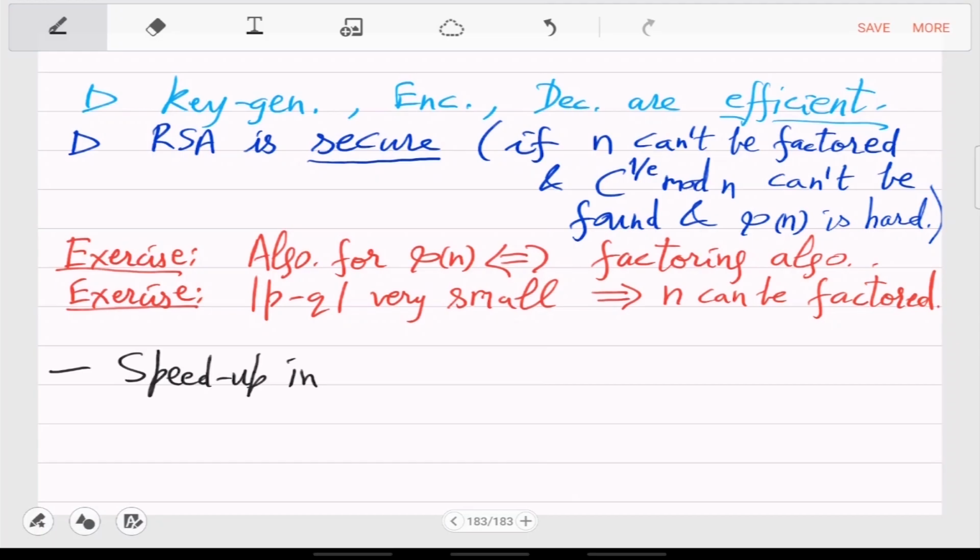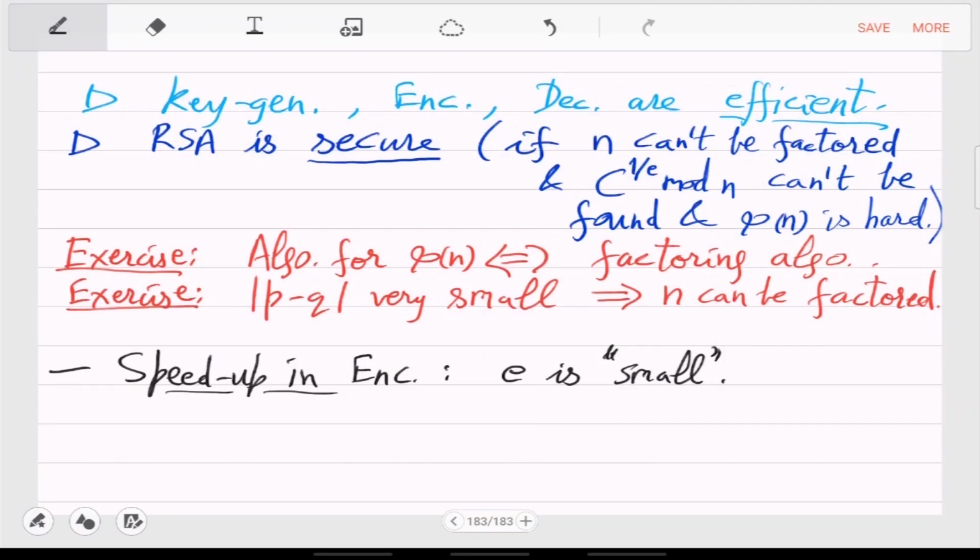So this encryption algorithm, since you want this to be used in small devices, like smartphones, you want encryption to be as fast as possible. So for that, you can pick E to be small. So that will make encryption fast. But when you take E small, then E inverse can be anything.